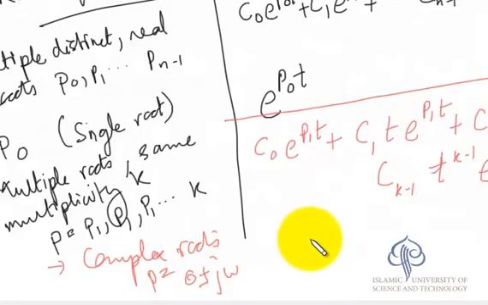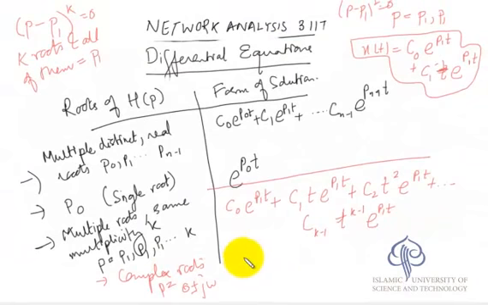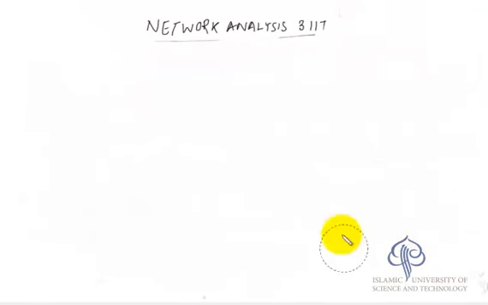In that case, the solution can be written as m1 e to the power sigma t cos omega t plus m2 e to the power sigma t sin omega t, or you can also write it in another form.